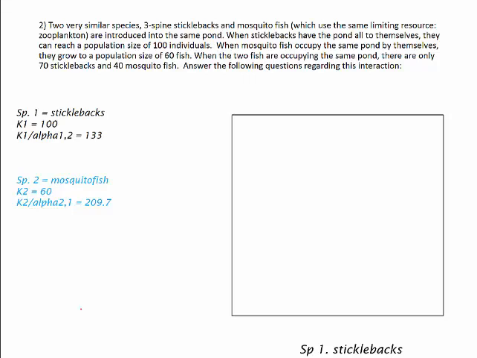So we'll put species 1, as always, on the x-axis, and we'll put species 2 up here on the y-axis. And then we'll throw some numbers on here that'll allow us to graph everything we need on the x-axis. So I got 50, 100, 150, 200, and the same for the y-axis. Okay, very good. So now we can plot our Zinjis. Let's get started with species 1. We know its carrying capacity is 100.